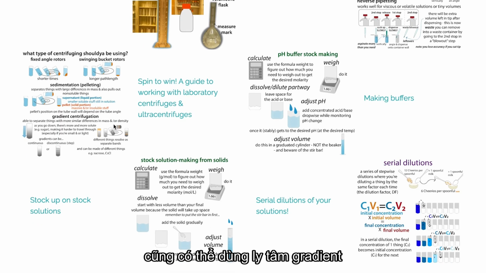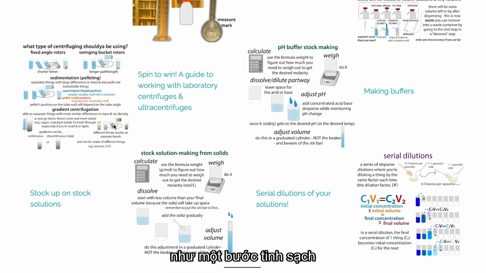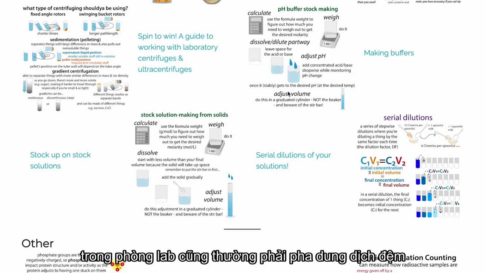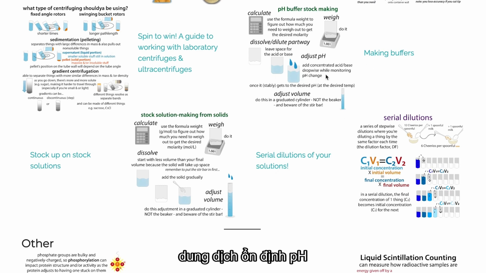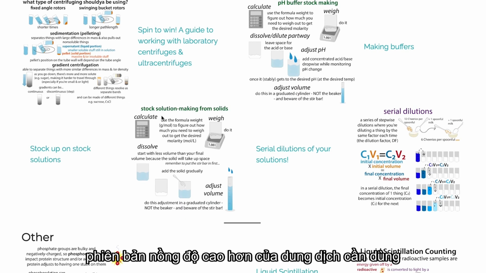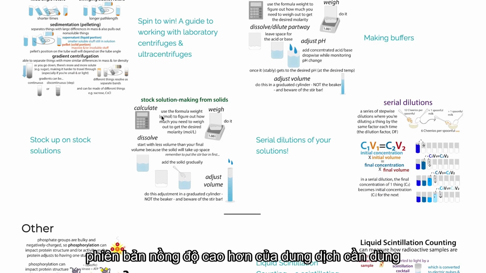We can also use gradient centrifugation, which is more of a purification step, such as a sucrose gradient, to separate things based on their density and their mass. Also, often in the lab, you have to make buffers, so pH stabilizing solutions, and make stock solutions, which are basically higher concentration versions of something that you want to use.